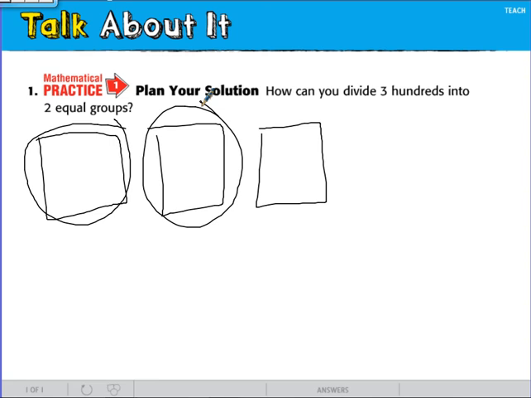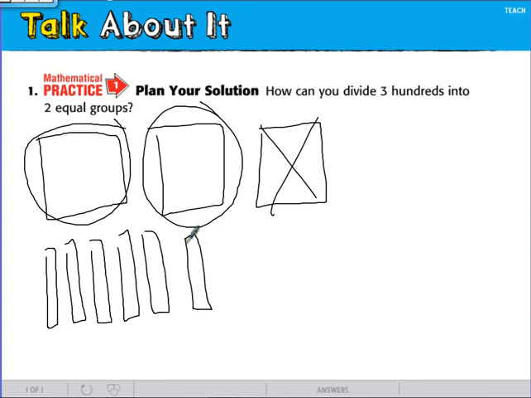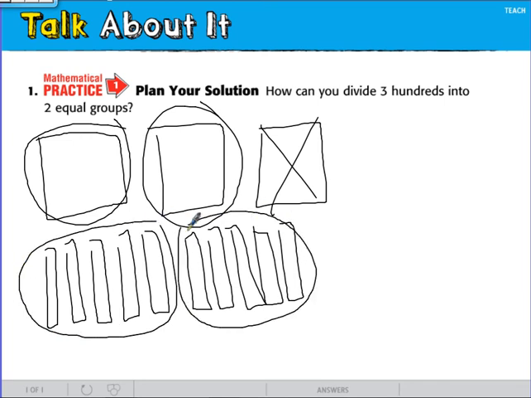Yep. In order to do this, I have to break this 100 into how many tens? 10. Because 10 tens equals 100. 1, 2, 3, 4, 5, 6, 7, 8, 9, 10. So now I have 2 groups of 5 out of that 100.